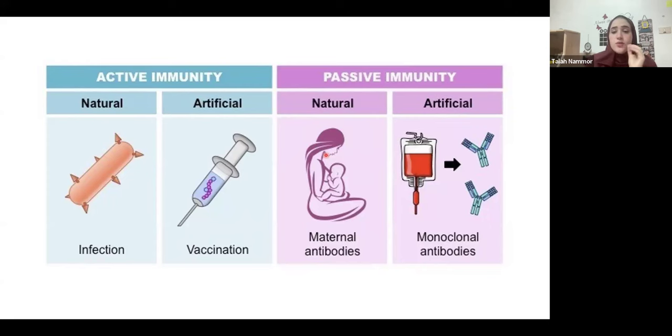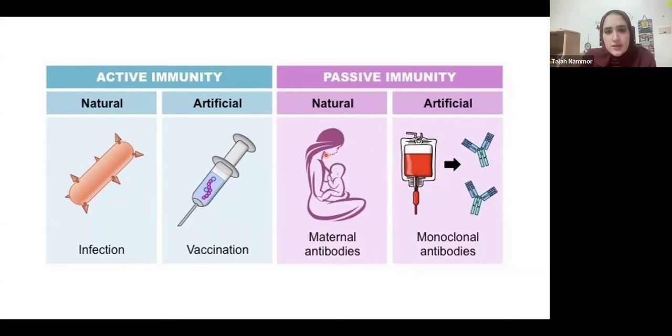Next, how do we artificially give passive immunity? By monoclonal antibodies, or passive immunization. Let's say someone has a disease that is really severe, and we want it to stop. How do we stop it? We provide this patient with antibodies because his body is too weak to form these antibodies.